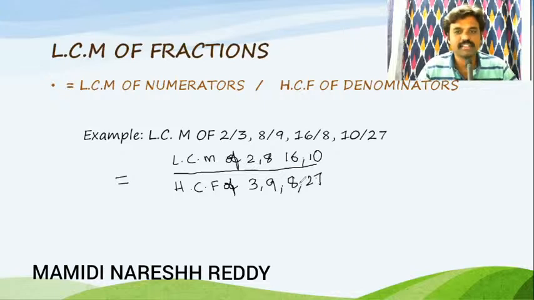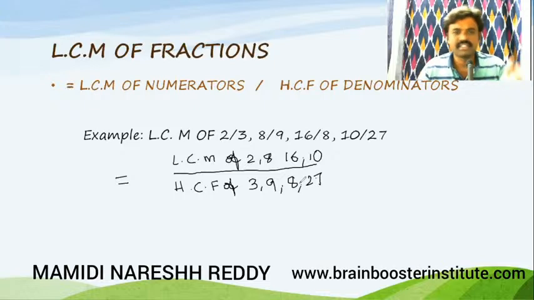See, my friend, LCM of numerators by HCF of denominators. Already we have learned the shortcut formula to find LCM and HCF. The same techniques we can apply to find LCM and HCF.